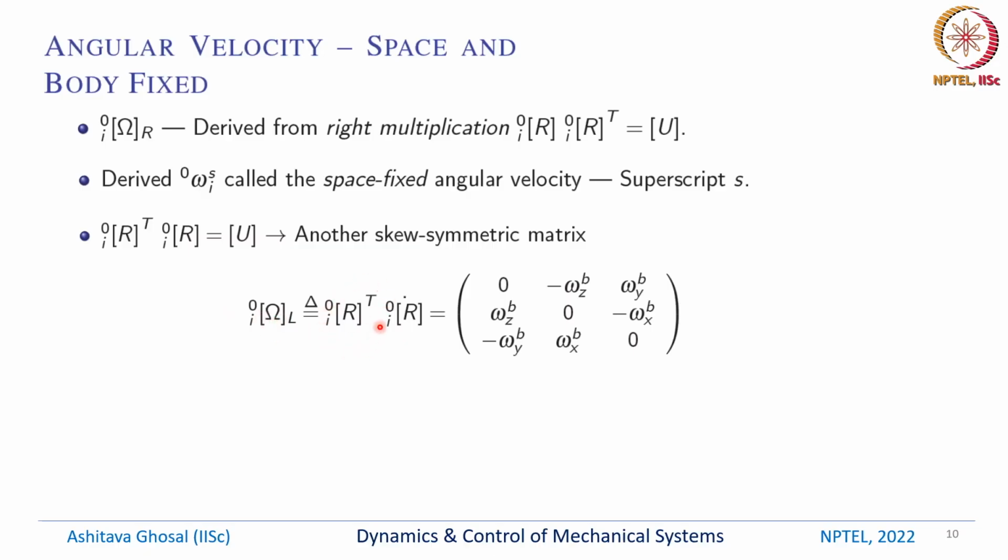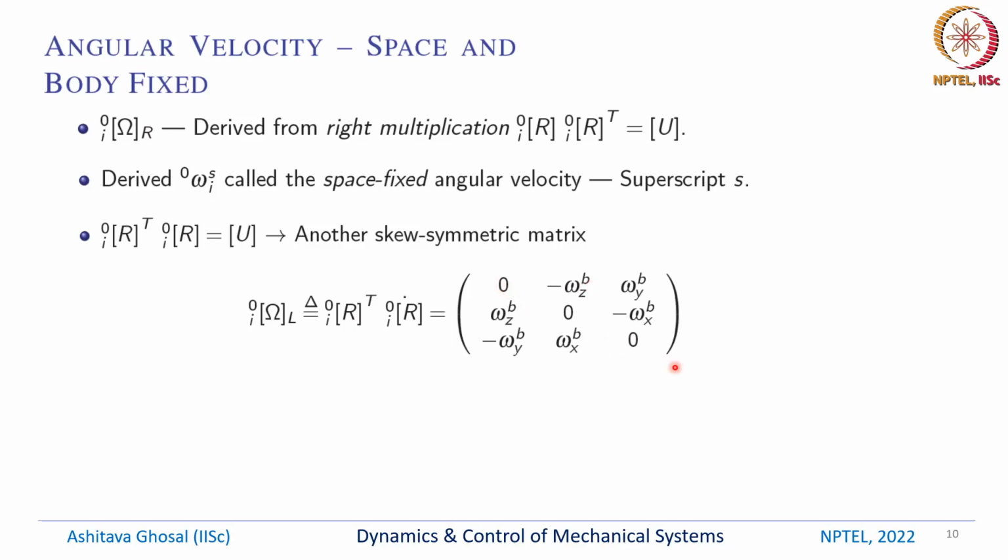That will be defined as 0I R transpose into 0I R dot. So as you can see, this can be remembered as R transpose R dot. The previous one was R dot R transpose. So this is like a product of two matrices, but the order is reversed. And we know matrix A into B is almost never the same as B into A. So the skew-symmetric matrix that we get this way, R transpose R dot, has a B superscript.